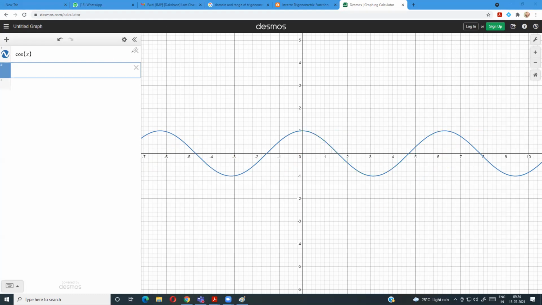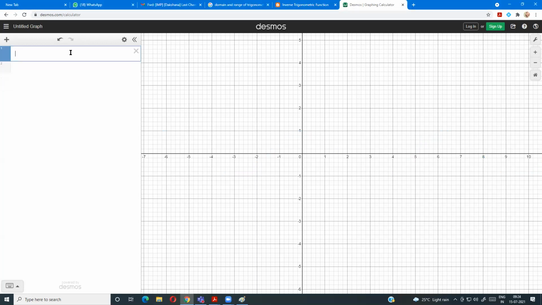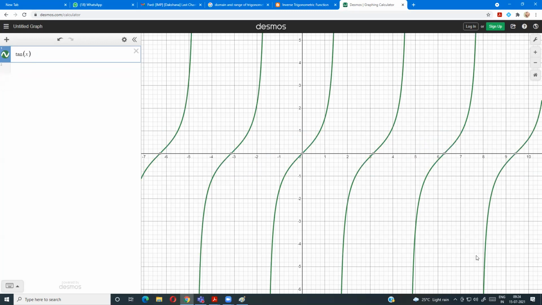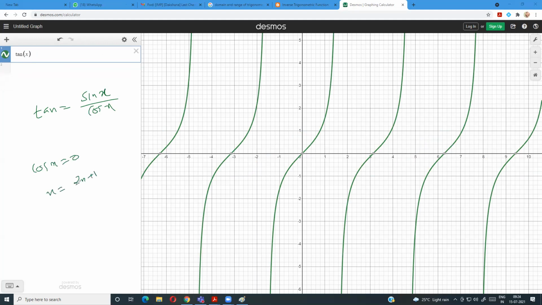Similarly for tan x, look at the graph of tan x. We know that tan x is equal to sin x by cos x. Whenever cos x is equal to 0, the graph is not defined, and cos x is 0 at odd multiples of pi by 2, that means pi by 2, 3 pi by 2, 5 pi by 2. That is why at those points you can see an asymptote.